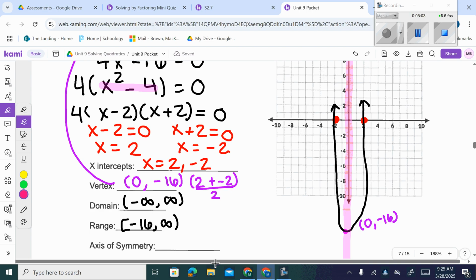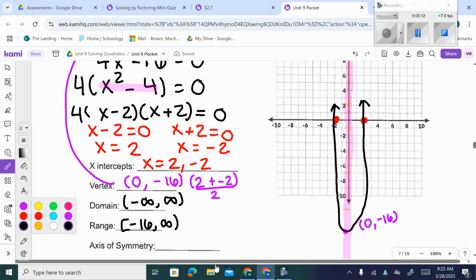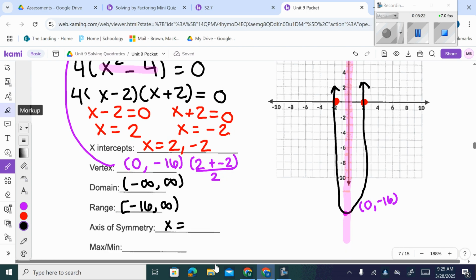So what kind of line did I just draw? A vertical line or horizontal? Vertical. Is a vertical line x equals or y equals? It is x equals, because doesn't it go through the x-axis? Now, here's the trick. It went through my vertex, correct? What's the x-coordinate of your vertex? 0.